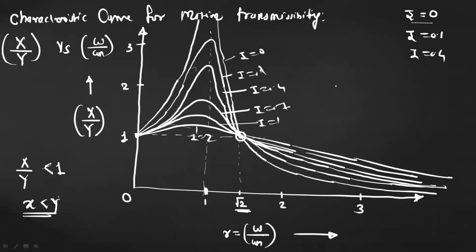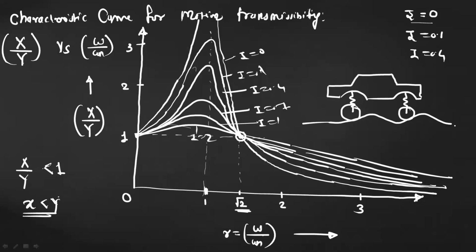In the automobile, when we design a suspension, this is the y value, and this is the x value. We expect that x must be less than y.